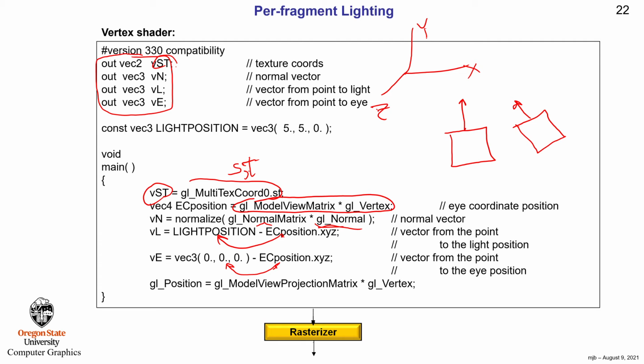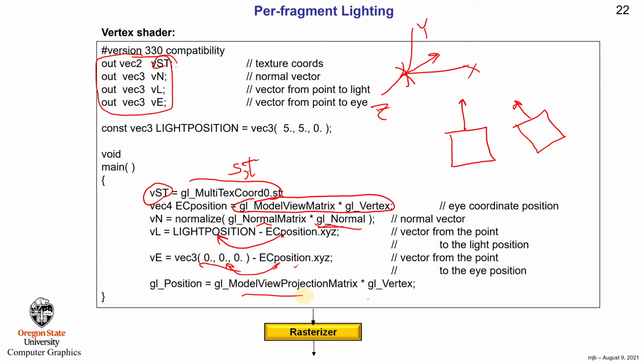The OpenGL hardware expects the eye to be here looking there. That's what gluLookAt actually does, is it forces a transformation such that the eye ends up at the origin looking in negative Z, no matter where you put the eye to begin with. Okay, so that's why here the eye is at 0, 0, 0, because it already has been put there. And we subtract where the point is, and that gives us that eye vector.